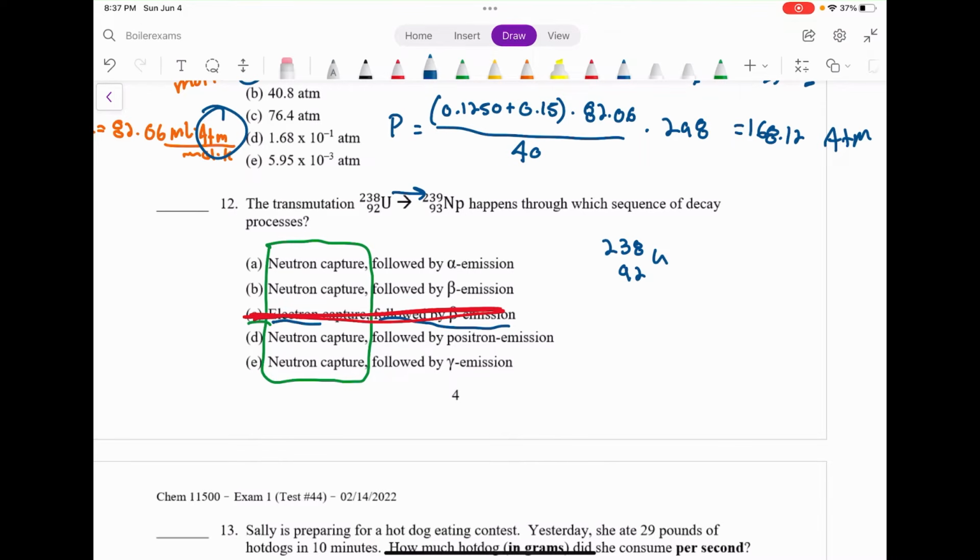We have our uranium-238, and we are capturing a neutron, so we are left with uranium-239. This is going to be our starting point for the next step, and for our final product we want Np-239.